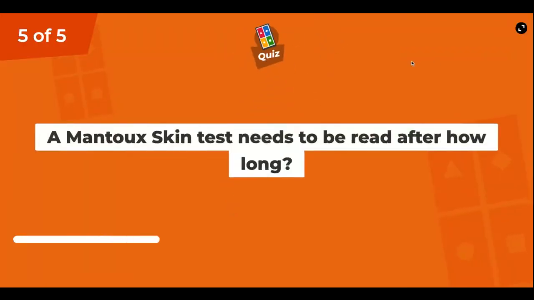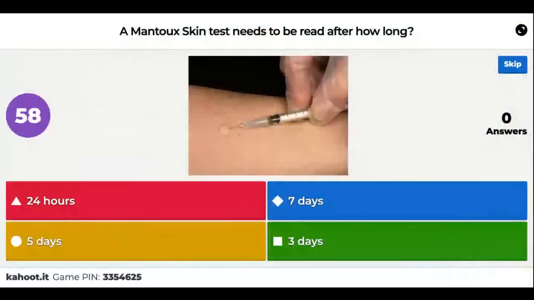Just a couple more, I think. Oh, last one, okay? Perfect.